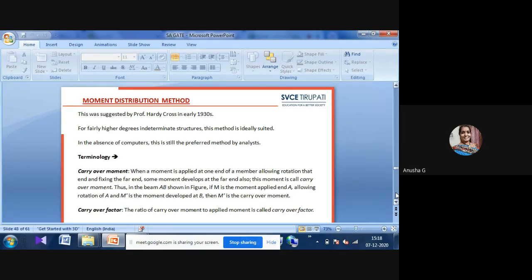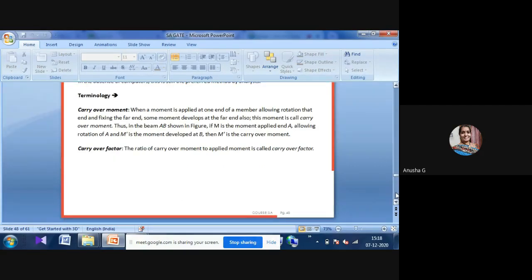Whatever the M load is acting at that particular point A, automatically if you are taking any load on your head, two hands will move. If you take the left hand, we are carrying 10 kg of load, automatically the right hand also will take some of the load, and you can observe it will not be in a straight position. There will be some movement observed here. That is a carryover moment.